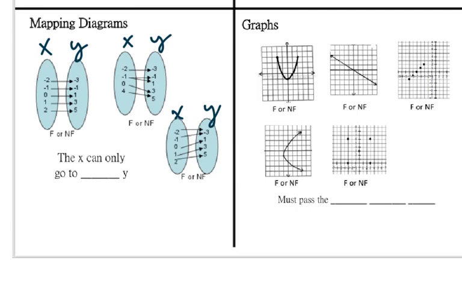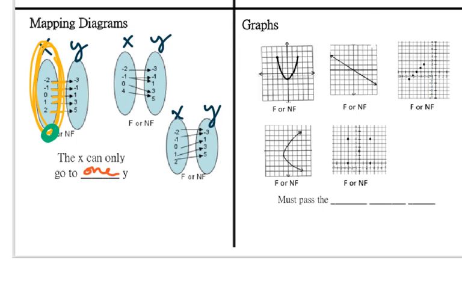So how it works is that the x values can only go to one y value. We're only looking at our x's. If we look at our x values, each x just has one line coming off of them, so we're good. This is faithful. These are a bunch of numbers that make a function.